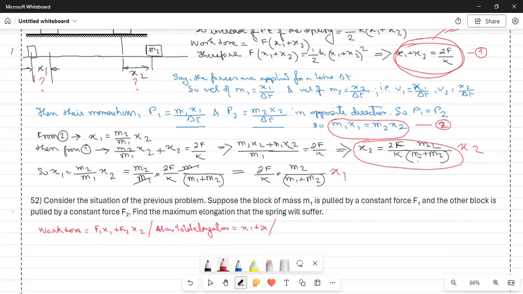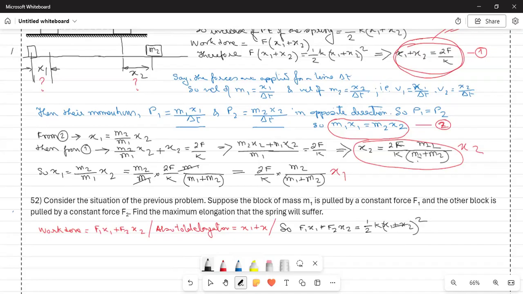Then what are we left with? Obviously, we are left with work done F1 x1 plus F2 x2 is equal to half k (x1 plus x2) whole square.